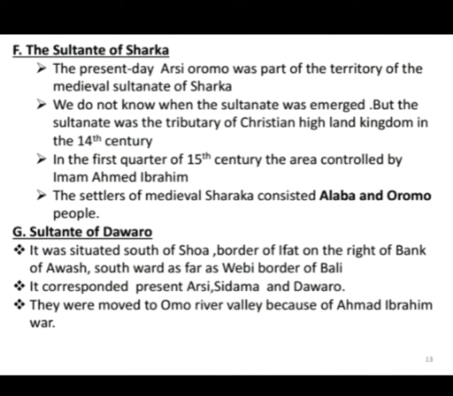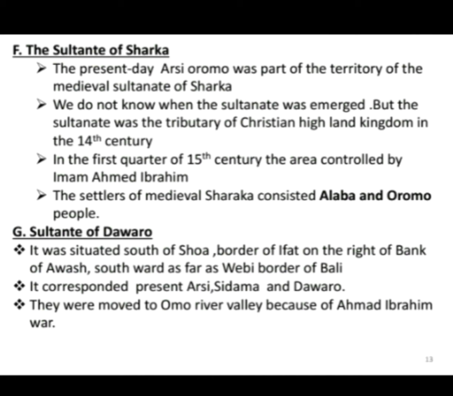The sixth one is the Sultanate of Sharka. It was located in present-day Arsi; especially Arsi Oromo was part of the territories of the medieval Sultanate of Sharka.